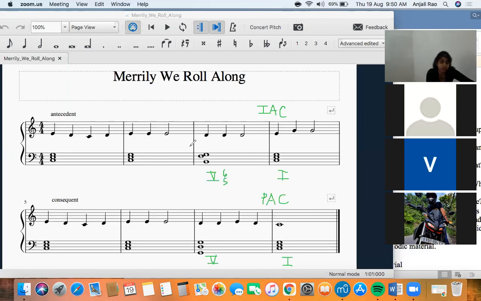We had some other resting points in the middle of our phrase. But normally, phrases also do end with a longer note or a rest or something that makes us feel rhythmically like it's the end of an idea. Does that answer your question? Yes, ma'am. Thank you. Okay, good.